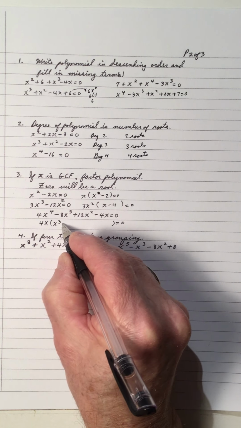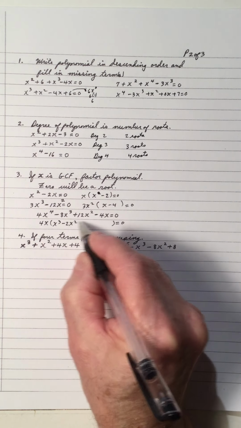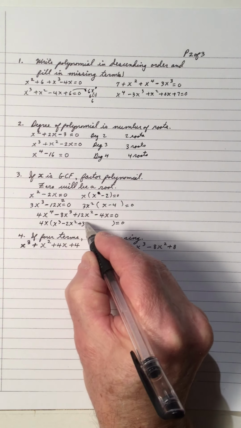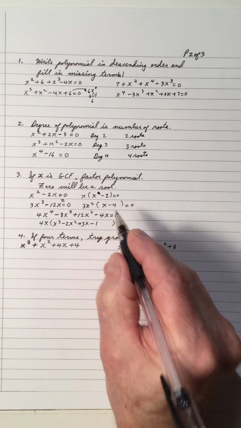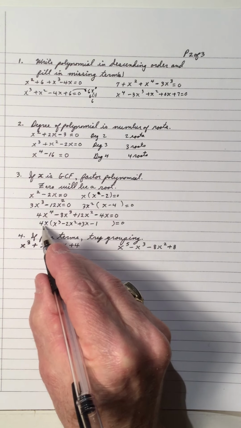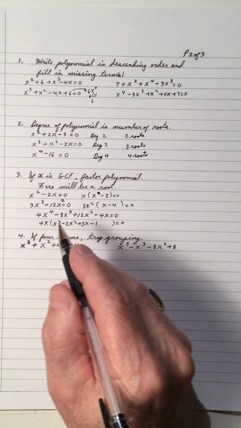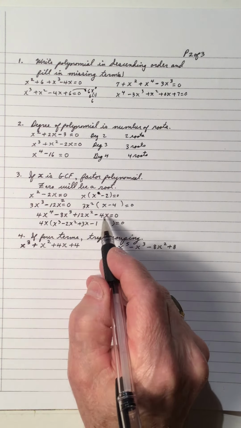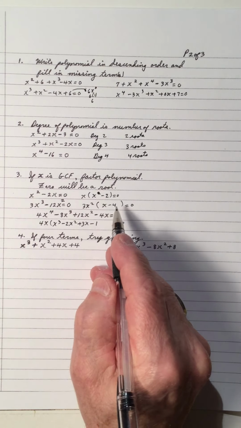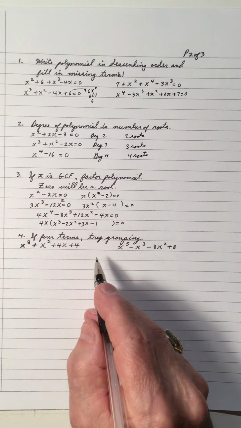Negative 8x cubed is a negative 2x squared. 12x squared divided by 4x is a plus 3x. And negative 4x divided by 4x is negative 1. Again, x is a factor outside, so that means 0 is a root. So anytime you have expressions with all x's in it, guaranteed 0 is a root. So I always check for that, and I take it out before I begin to solve further.